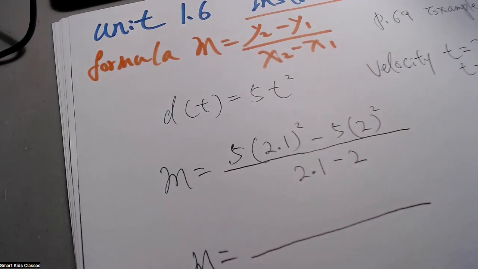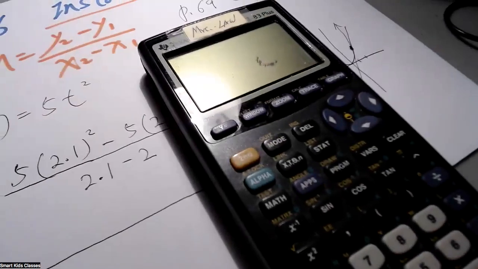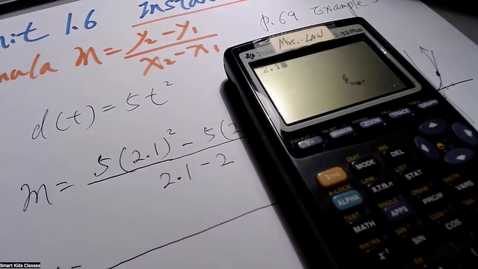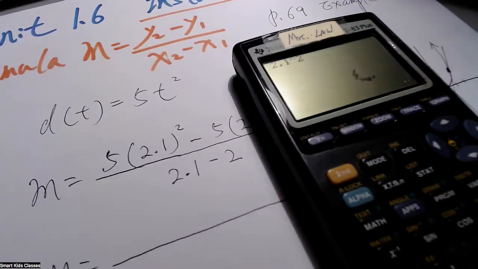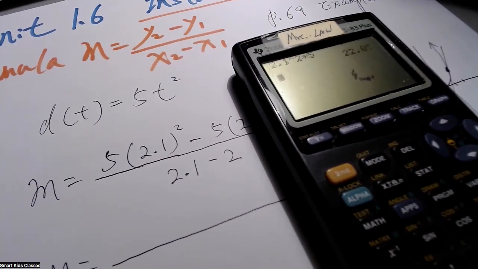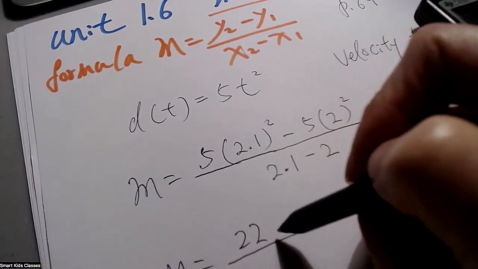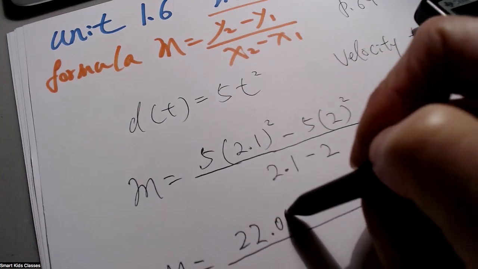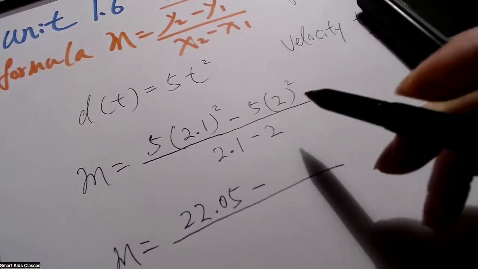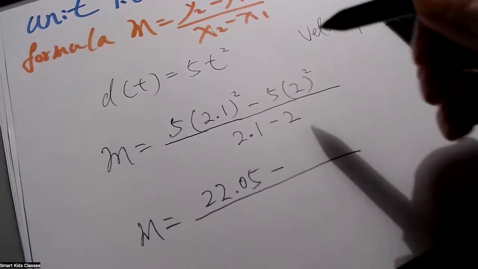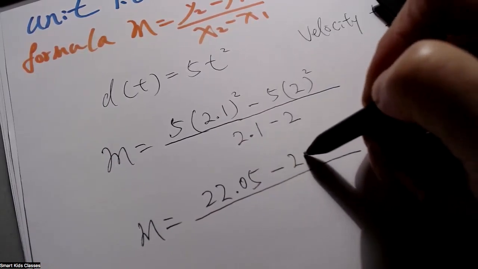I'm going to use a calculator to get 2.1 squared times 5 to get our job done faster. I get 22.05. Subtract: 2 squared is 4, and 4 times 5 is 20.